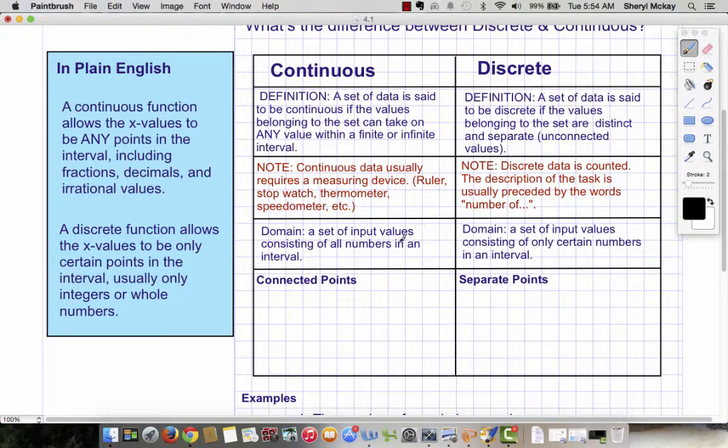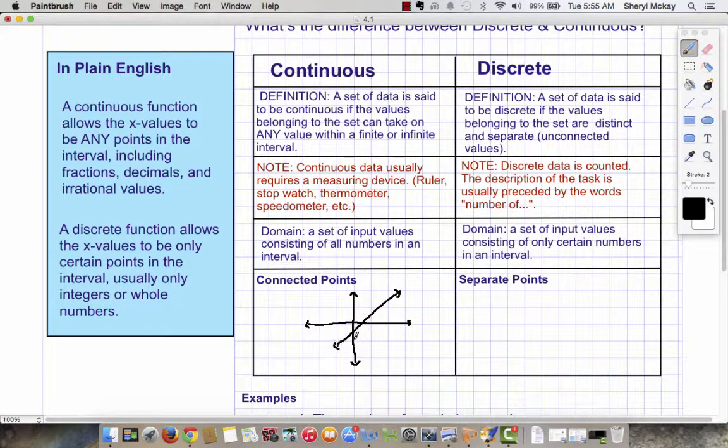So that means that when you're going to graph it, let's look at an example of a graph. If we were going to graph it, continuous is connected. Every single point on that line is a part of the solution, okay?